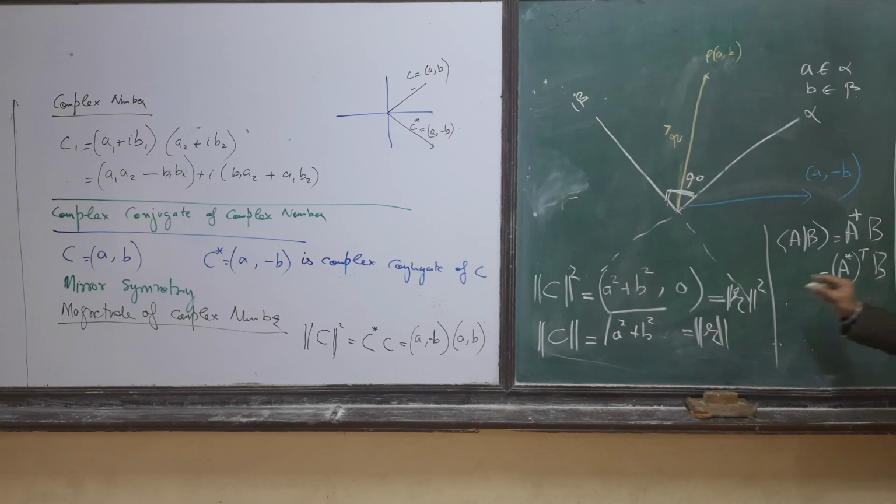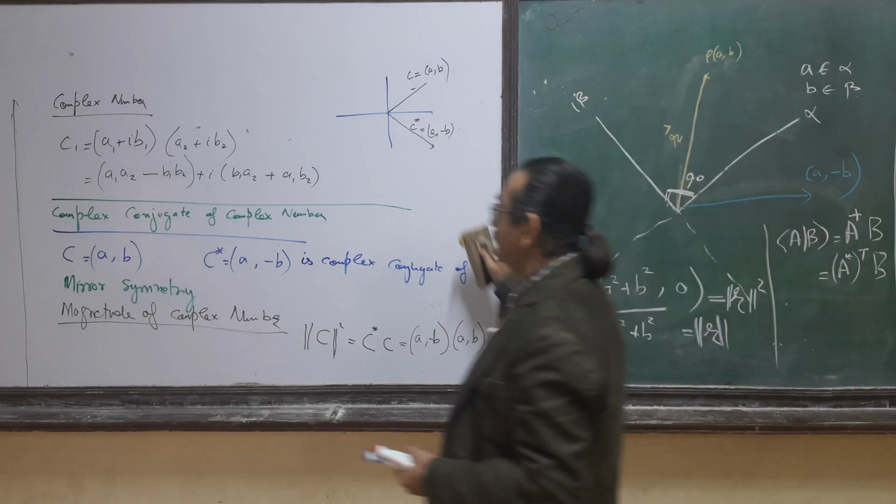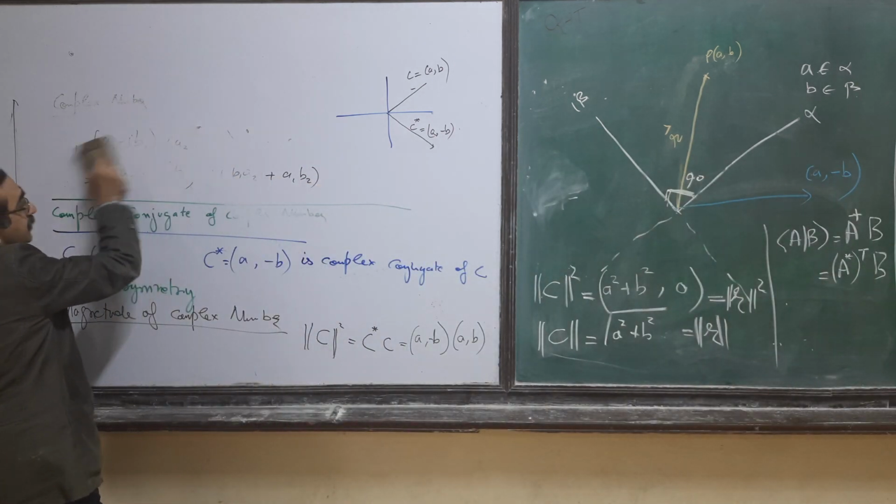This C is actually the dot product, as we have studied in the previous lectures. Yes, the concept is actually complex numbers.